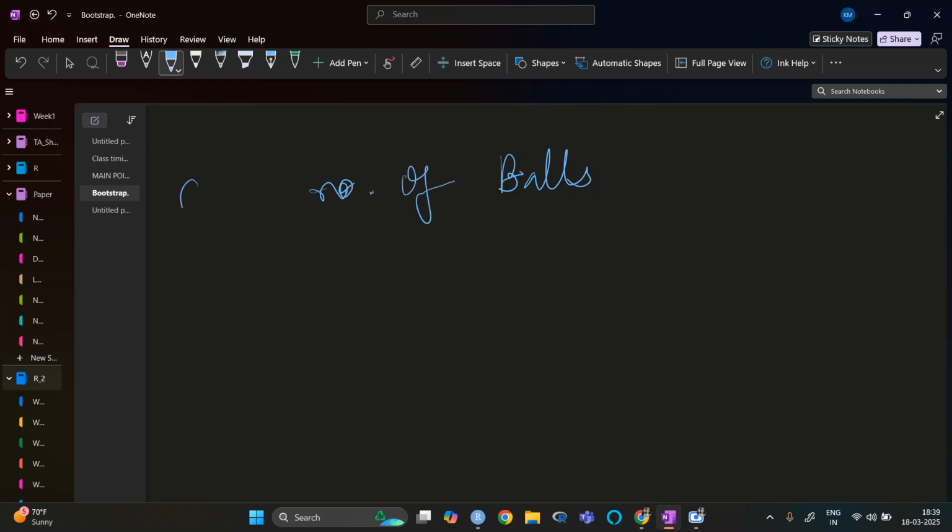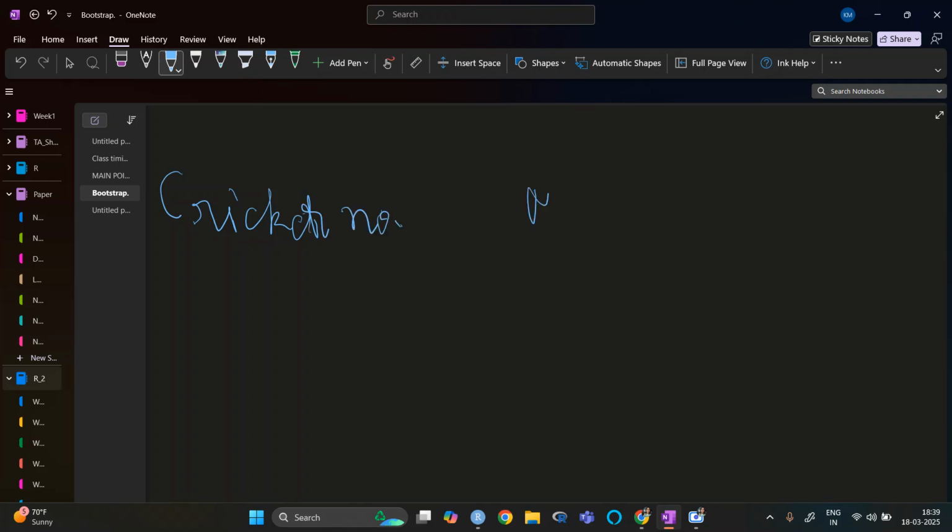So let's say I'm writing here: this one is cricketer number, this one is the number of balls he played, and this one is runs he made.